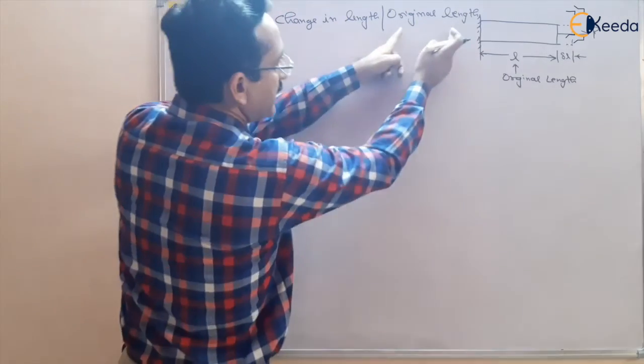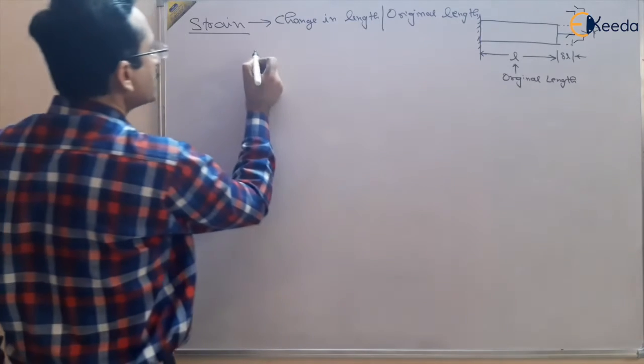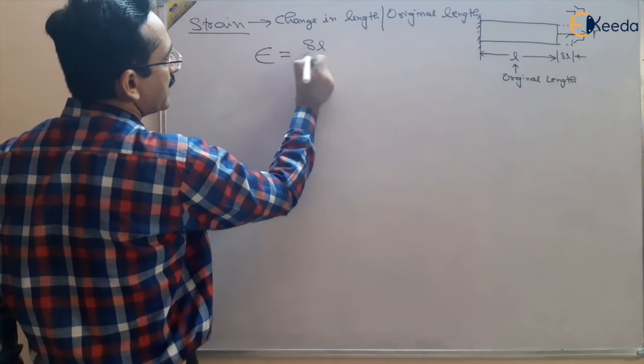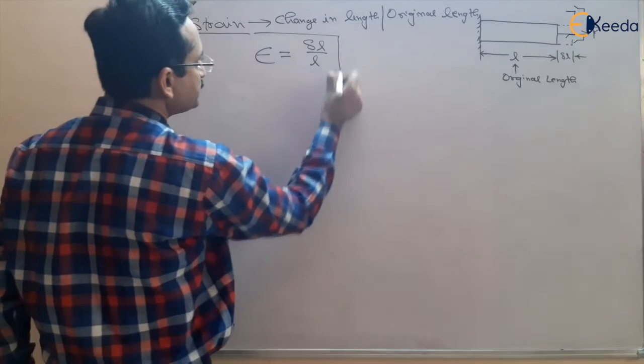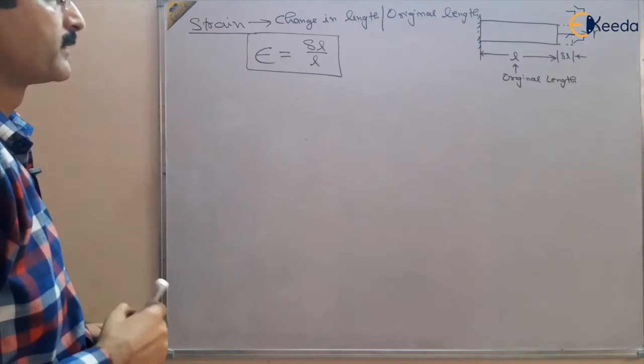What was the original length? That was L, and what is the change in length? That is delta L. So strain is given as change in length upon original length. So this is the definition of strain, right?